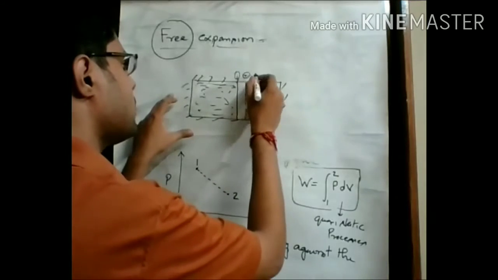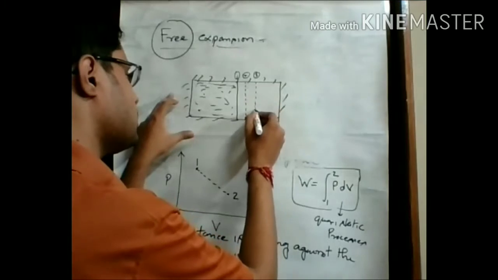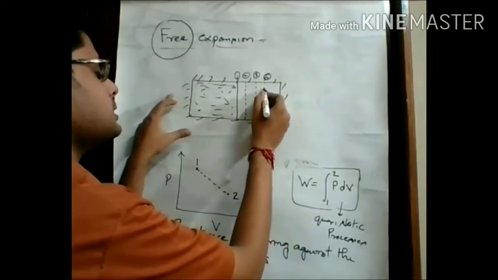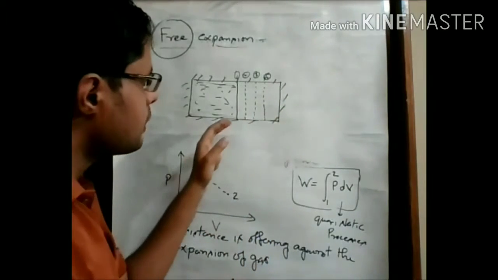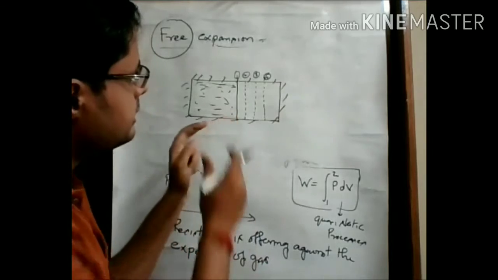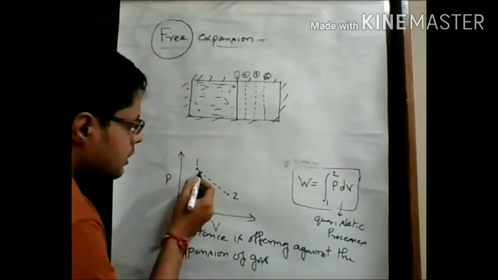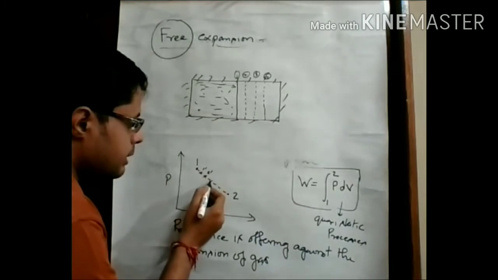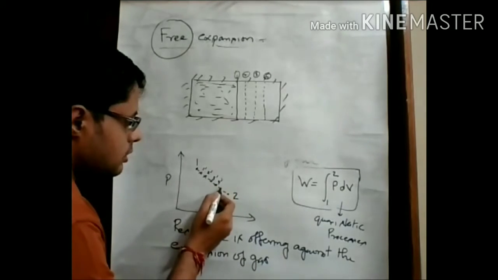In a third condition, we again shift this separating wall here. In a fourth condition, again we shift this separating wall here. So like that, if we slowly shift this separating wall towards the right hand side, then we get equilibrium conditions in a mid manner.